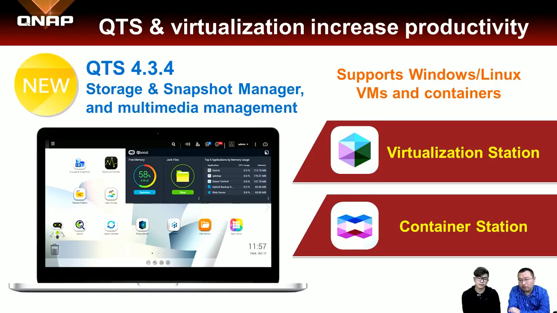With QTS 4.3.4, you get a brand new Storage and Snapshot Manager that helps you easily create snapshots and do more advanced tasks with a more user-friendly interface. We also have system enhancement tools such as QBoost, so you can quickly enhance system performance by killing unwanted applications and releasing more available memory.